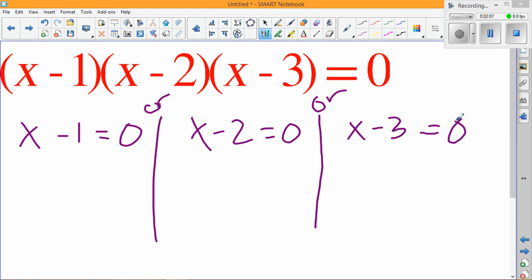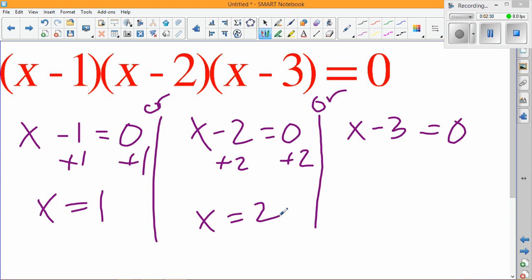Now, I have a bunch of these little equations broken up, and I know that in order for it to equal 0, the first, the second, or the third factor has to be 0. So I can solve this little mini equation right here by adding 1 to both sides, and I will get x is equal to 1. I can solve this equation here by adding 2 to both sides, and I will get x is equal to 2. And then over here I can add 3 to both sides, and I'll get x is equal to 3.